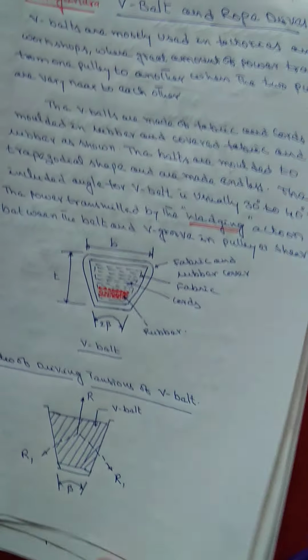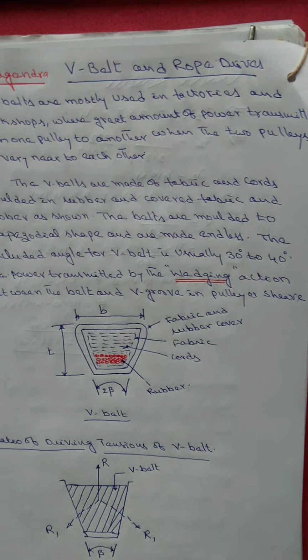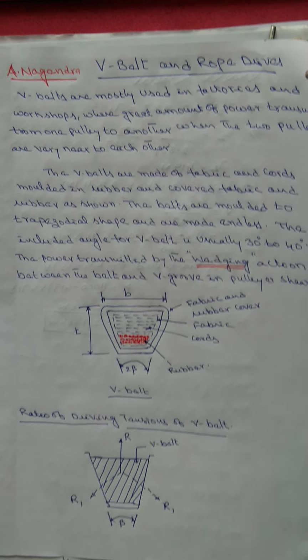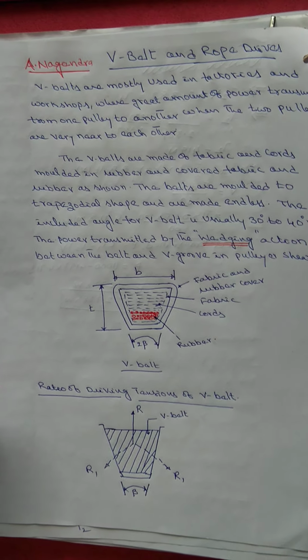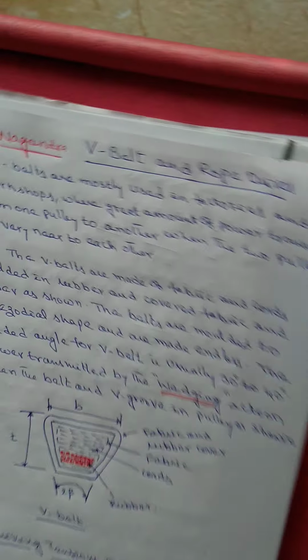Now we will discuss V belts. What are V belts? We generally use V belts in factories, where a great amount of power has to be transmitted from one pulley to another pulley. V belts are made of fabric, nylon and steel.